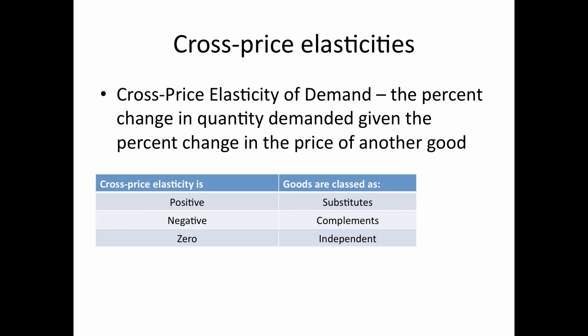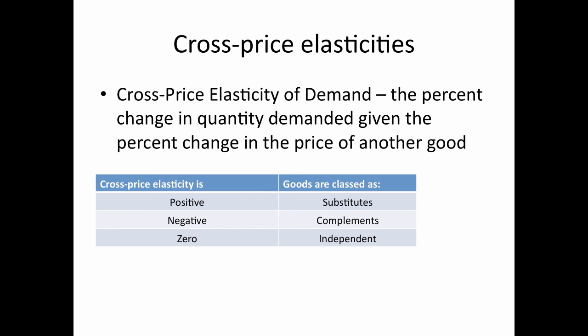Now, we also talked about the relationship between demand for a good and the price of related goods, in particular substitutes or complements. We capture that through what's called a cross-price elasticity. And a cross-price elasticity of demand is simply the percent change in quantity demanded given the percent change in the price of another related good. If the cross-price elasticity is positive, we know that the goods are substitutes.